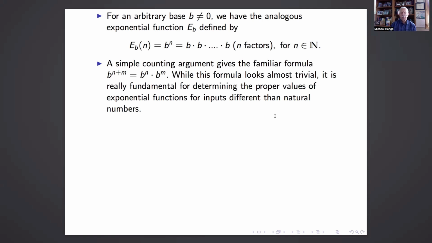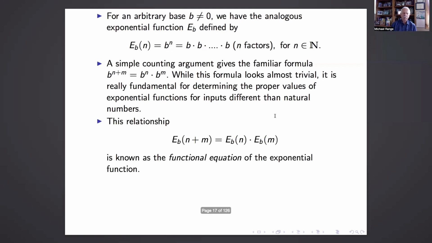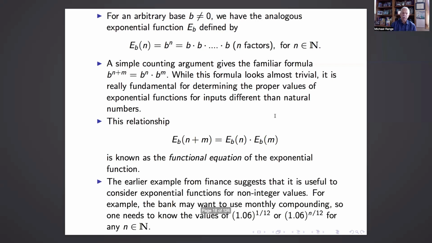While this formula looks almost trivial, it is really fundamental for determining the proper values of exponential functions for inputs different than natural numbers. This relationship, E sub b at n plus m equals E sub b at n multiplied with E sub b at m, is known as the functional equation of the exponential function.